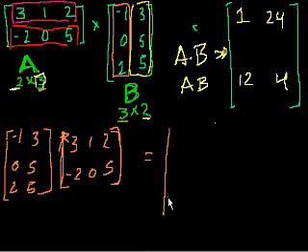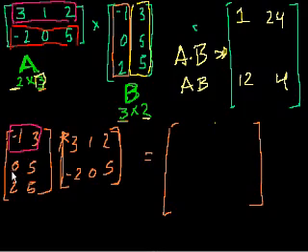So we learned that you get the row information from the first matrix and the column information from the second one. So this term, in theory, should be that row times what? Actually, it turns out that you can multiply them. Because this is a 3 by 2, and this is a 2 by 3, right?